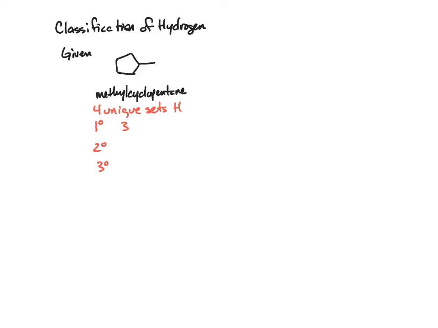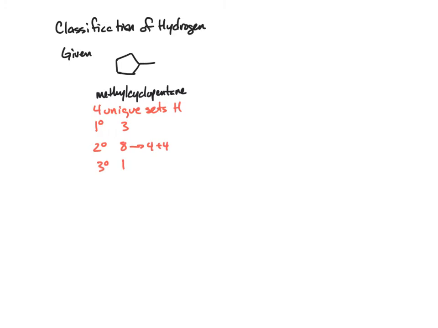So there's 8 total. Of those 8, how would you further separate them? And then tertiary, we have 1. At this point we've accounted for all of the hydrogens in this molecule.